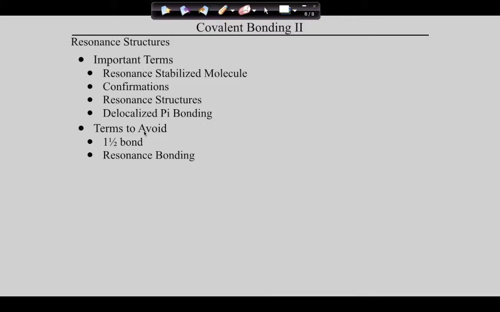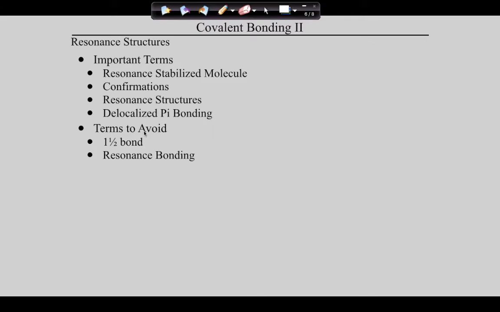So let's use ozone as our example, and let's talk about how to talk about this intelligently. What we would say is ozone is a resonance stabilized molecule. It has 2 conformations or resonance structures. And then we could also say that ozone has 2 bonds that contain or utilize delocalized pi bonding.